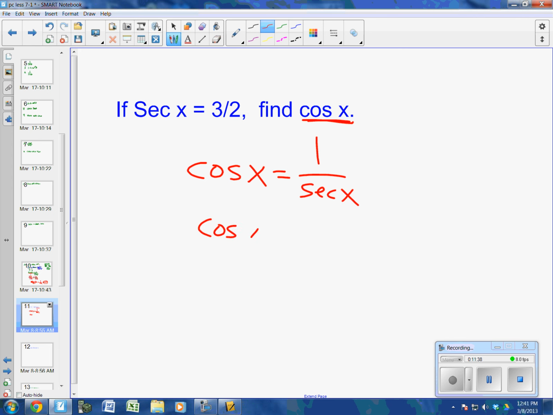So we have cosine of x equals 1 over 3/2, because secant is equal to 3/2, right? If two things are equal, can you substitute them for each other? Secant is equal to 3/2, so can I replace this secant with 3/2?